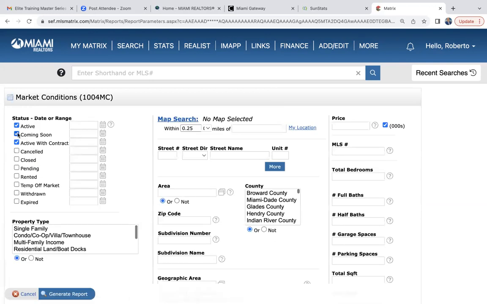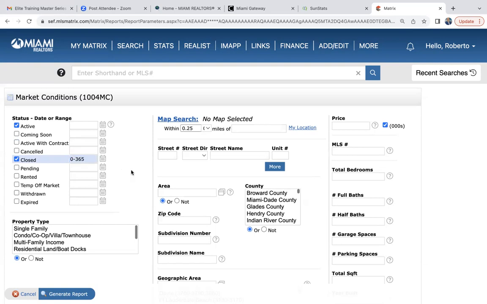And we are going to remove coming soon and we are going to remove active with contract. We are going to select active and we are going to select closed. Now for closed, we are going to change the date to reflect a 365-day time frame. So from 0 to 365.